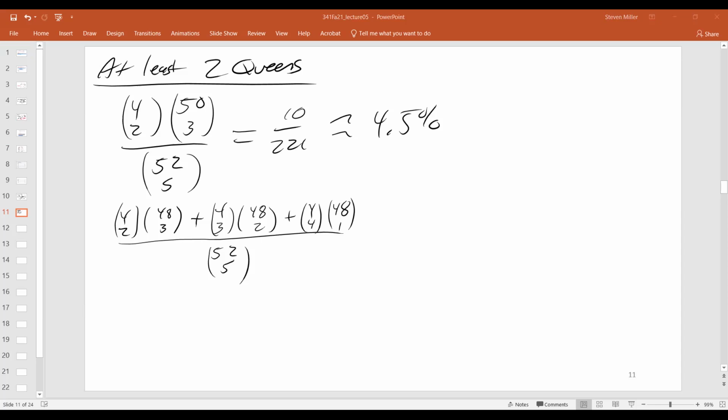And so now, this is just some really concise code to compute.